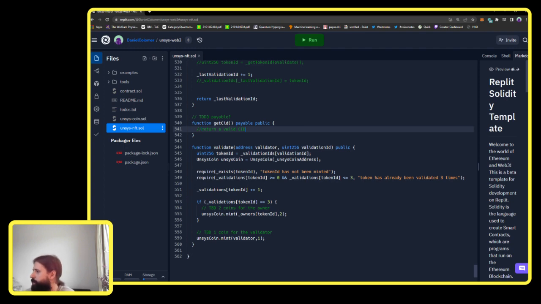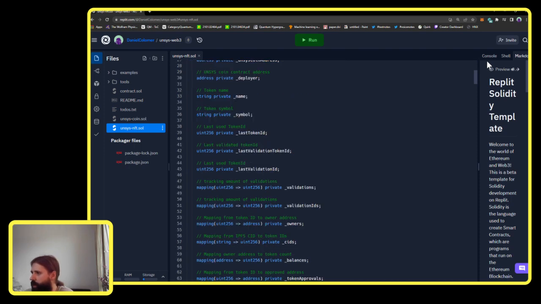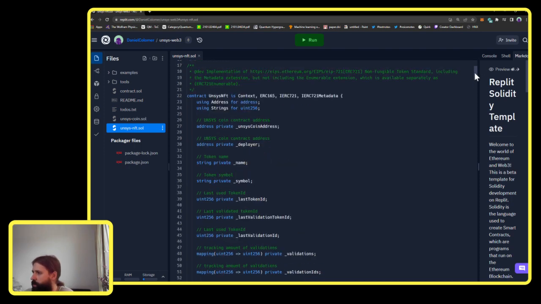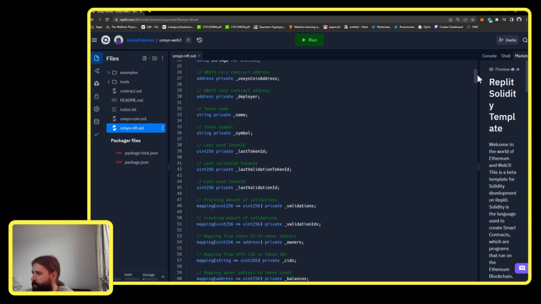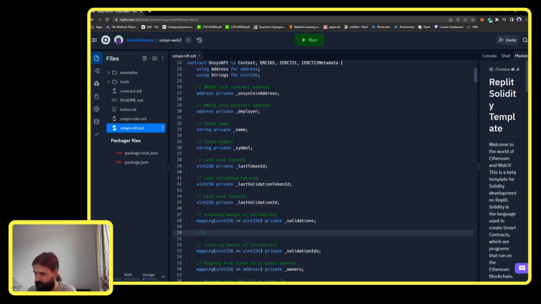I think we'll end up having to keep a list of validators and what validators validated what things, because otherwise there's no skin in the game. So we need a list of validators and the tokens they validated, that for sure.